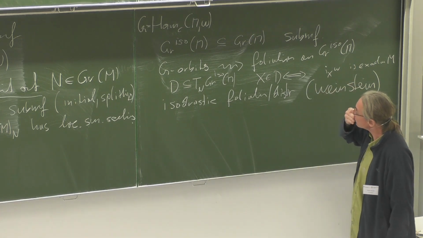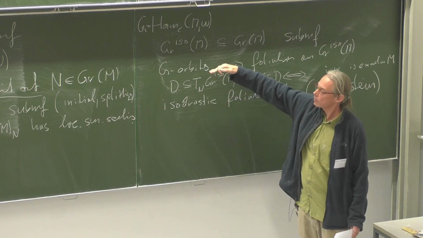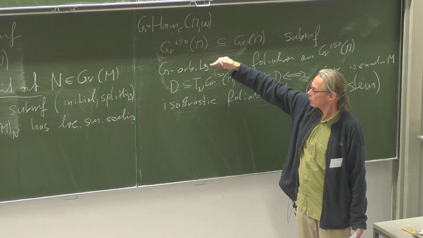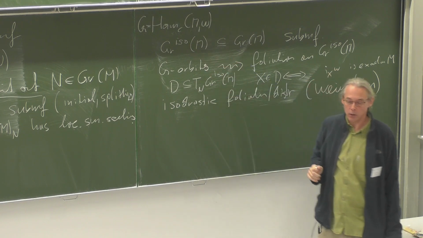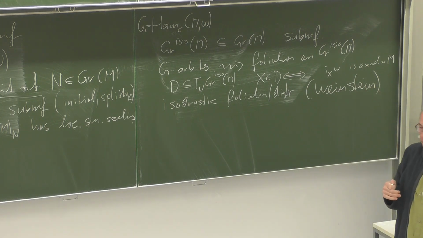But in particular, since the orbits form a foliation, the orbits are definitely initial submanifolds.